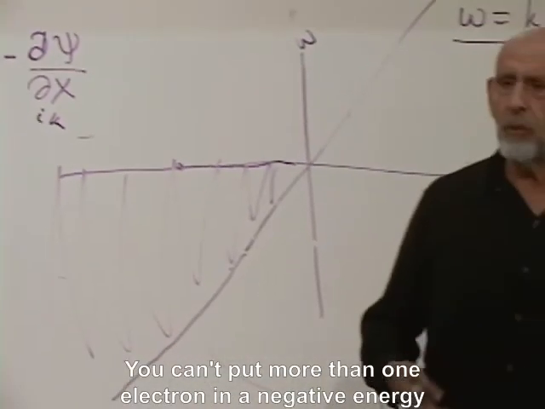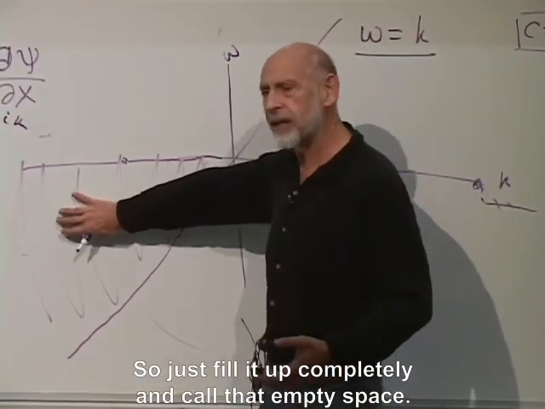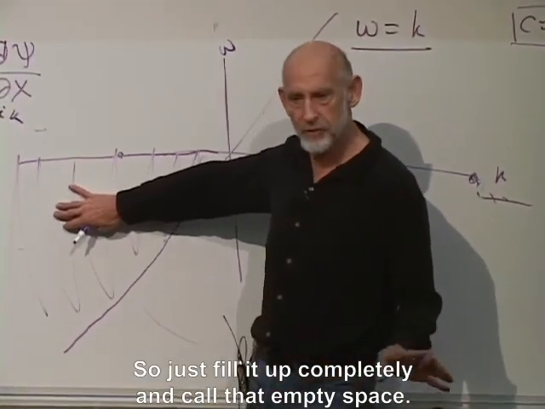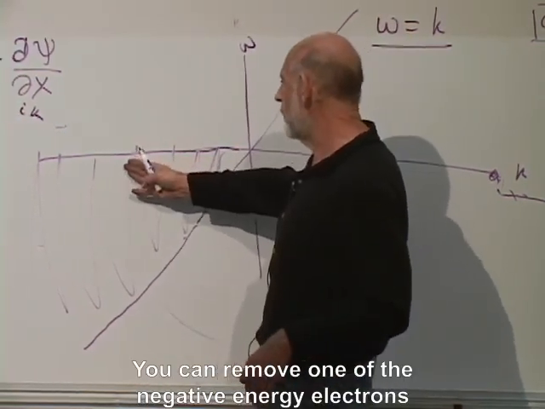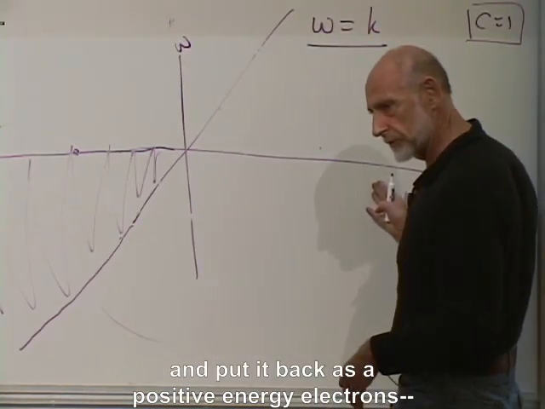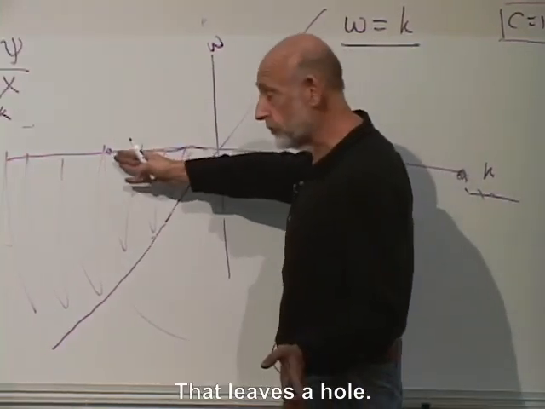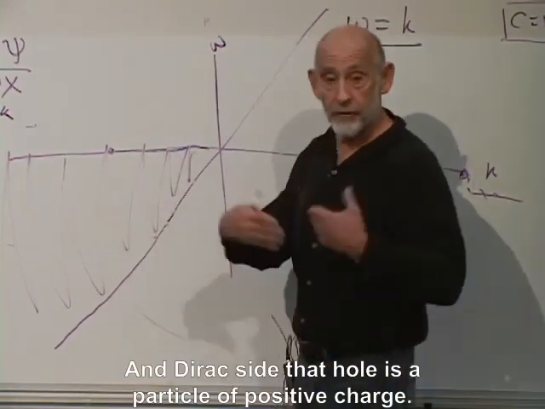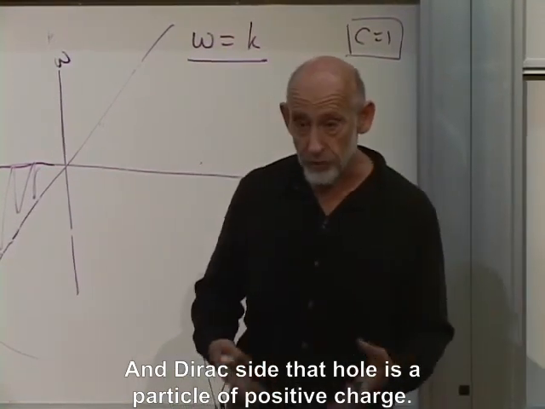You can't put more than one electron in a negative energy state, so just fill it up completely and call that empty space. Having called that empty space, what can you do to it? You can remove one of the negative energy electrons and put it back as a positive energy electron. That leaves a hole. And Dirac said that hole is a particle of positive charge.